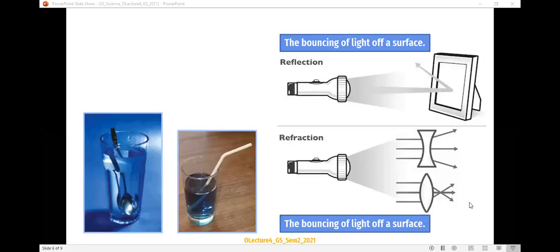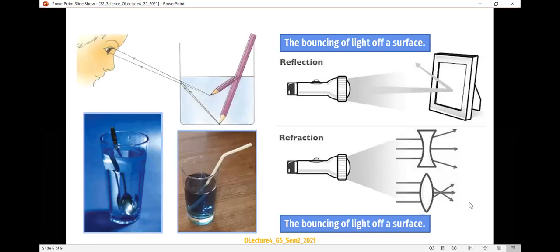Okay, how did we know that light refracts? Scientists were looking at a spoon in water, at a straw in water. They noticed that the spoon looks broken in water. The straw looks broken in water.